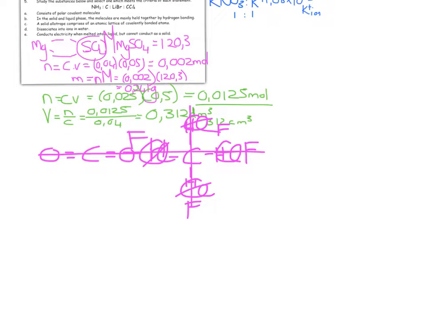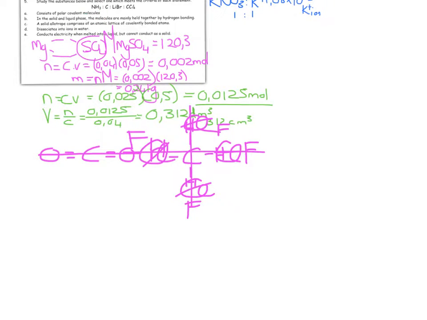So first we want to see what has got polar covalent molecules. Let's think about it. Ammonia is nitrogen and hydrogen, both nonmetals, and they have an electronegativity difference, so that's a polar covalent. Let's just check the rest. Carbon, we get carbon coal, carbon diamond, carbon graphite, carbon Buckminster fullerene. All of those are atomic lattices, and the whole lattice is covalently bonded.